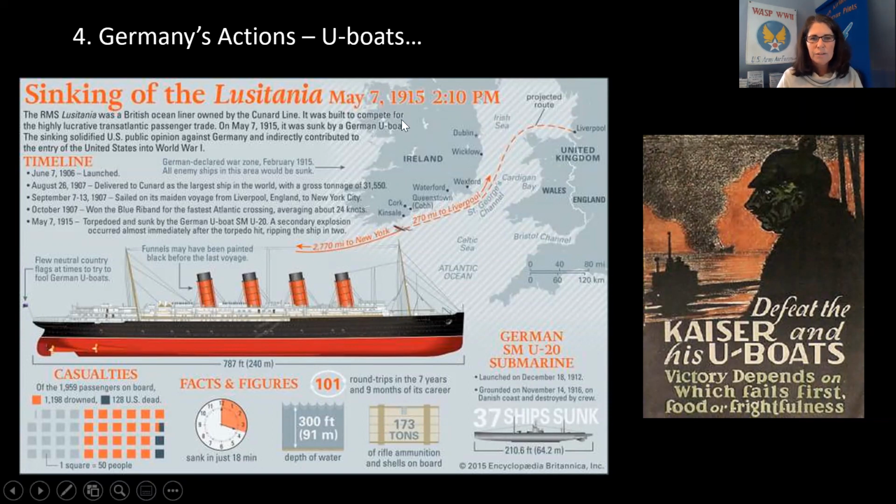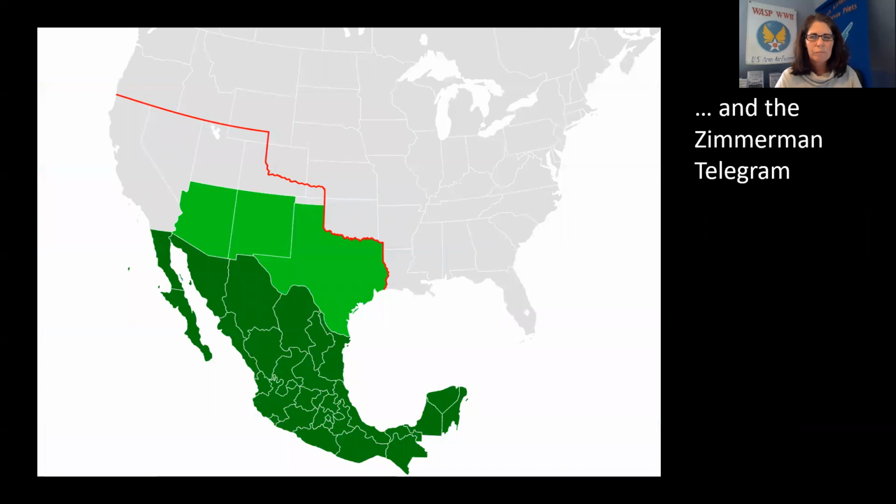This is 1915. The United States doesn't get involved until 1917. So please don't say we got involved because of the Lusitania. It was controversial. It was a big deal, but we didn't go to war. And again, I just like this poster about the U-boats as well, right?